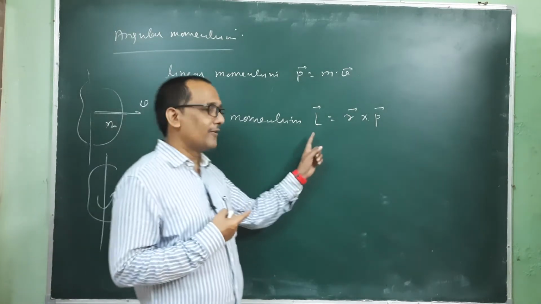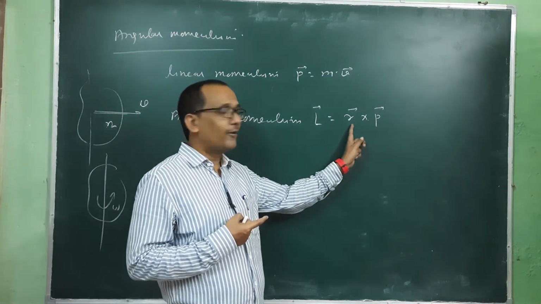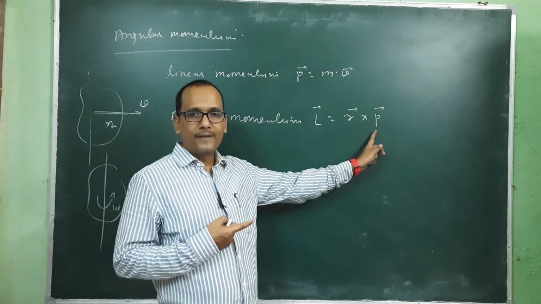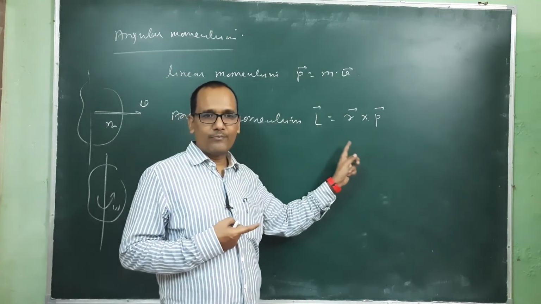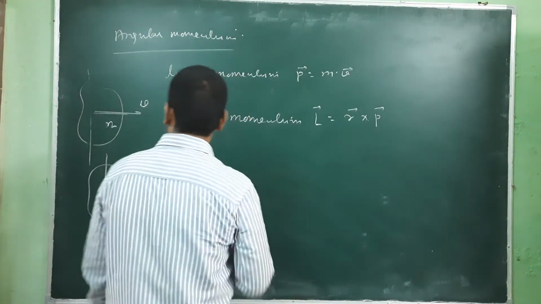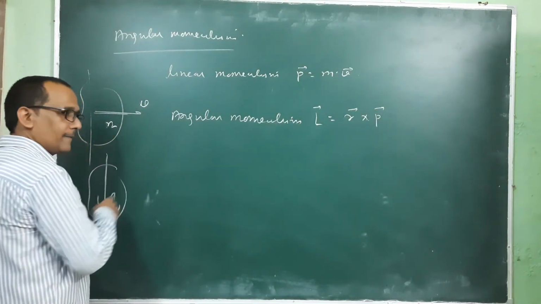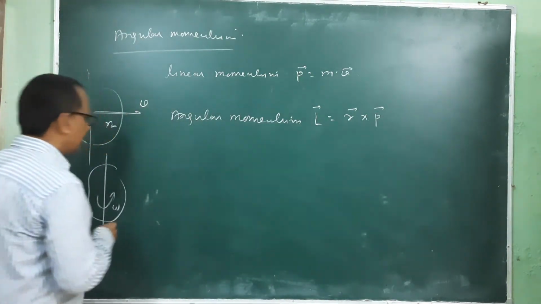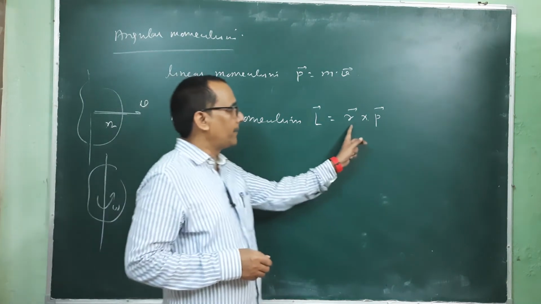The direction of L will be perpendicular to the direction of R and P, and again we will use the right hand thumb rule. The rotation of this body is along this, then L is perpendicular to R and P.